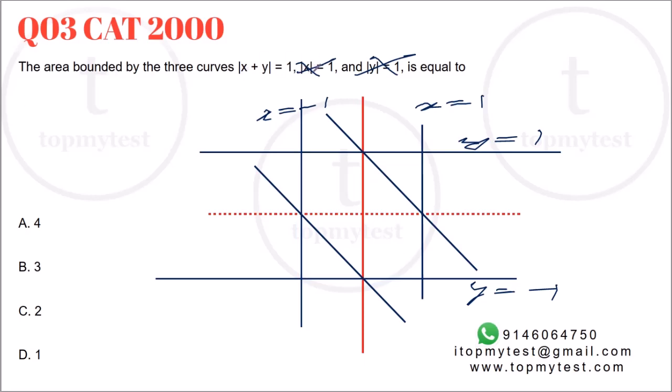You can have two scenarios: when x plus y is greater than 0 or x plus y is less than 0. Now we don't have to worry about x and y. We have to worry about the combined value of x plus y. So in this case, you will get minus x plus y equals 1, which will be this graph. And in the former case, it will be x plus y is equal to 1, which will be this graph.